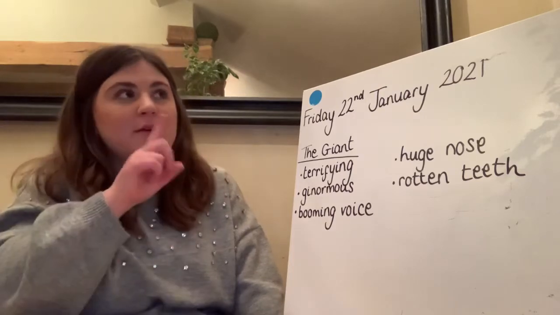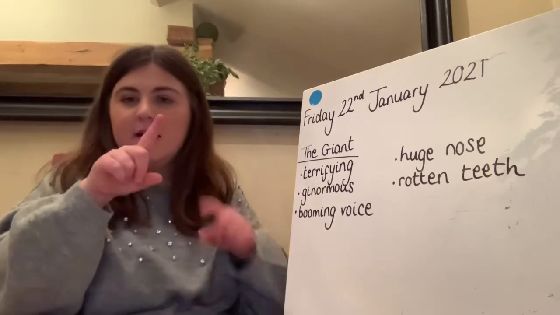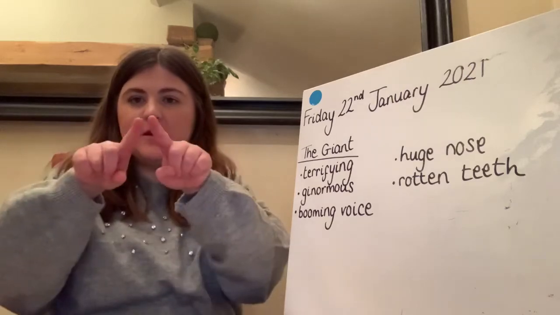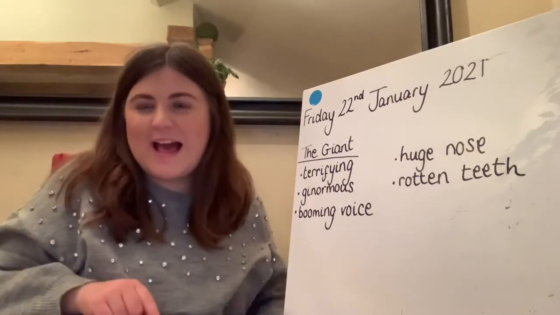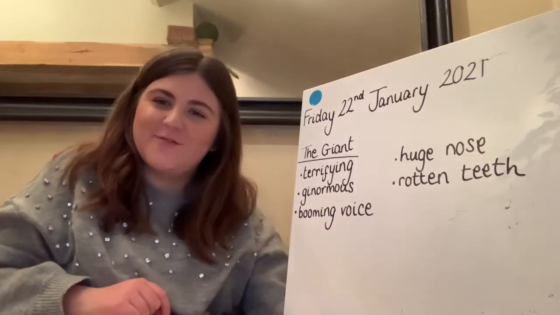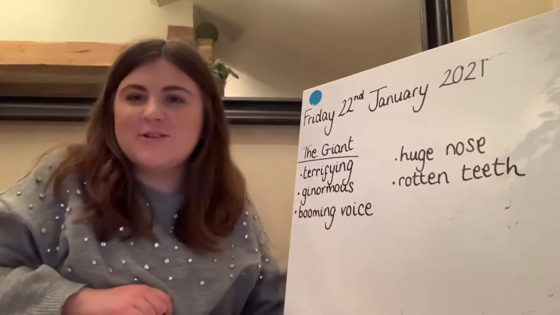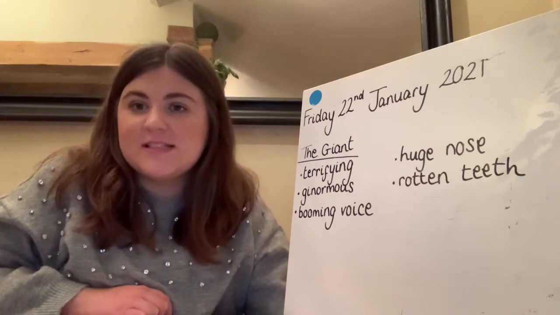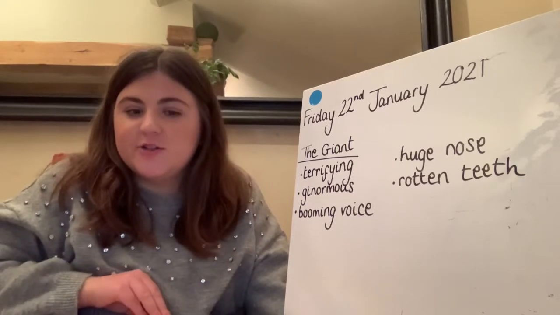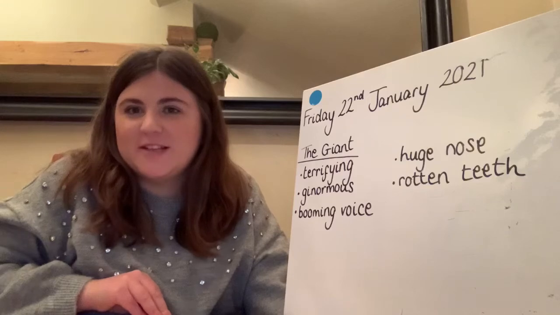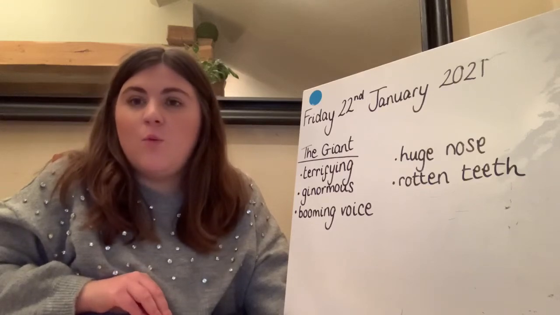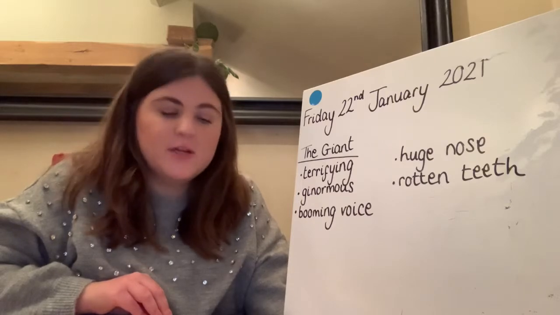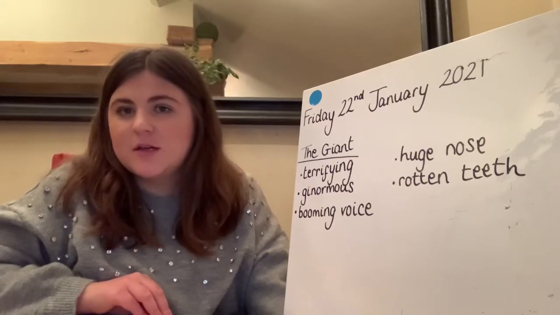I can spot my window from where I'm sitting, and that is a square shape. Now the word square is my adjective. So they are words that describe something you can see or touch, an object. Now we are going to have a go at describing the characters from Jack and the Beanstalk.